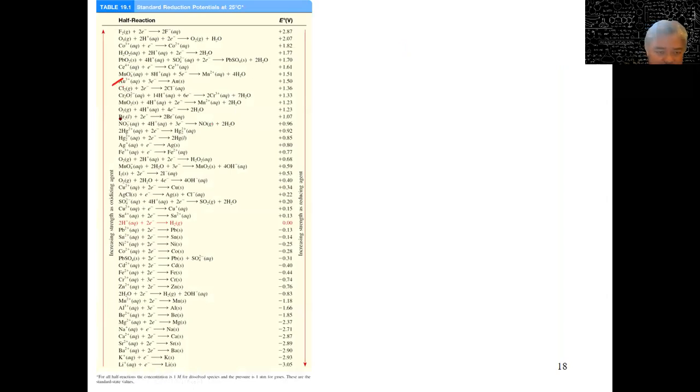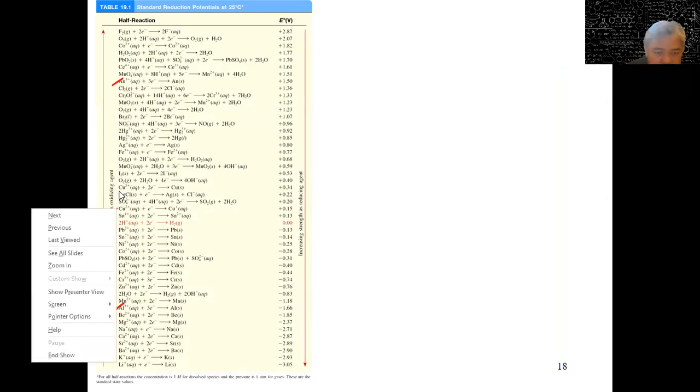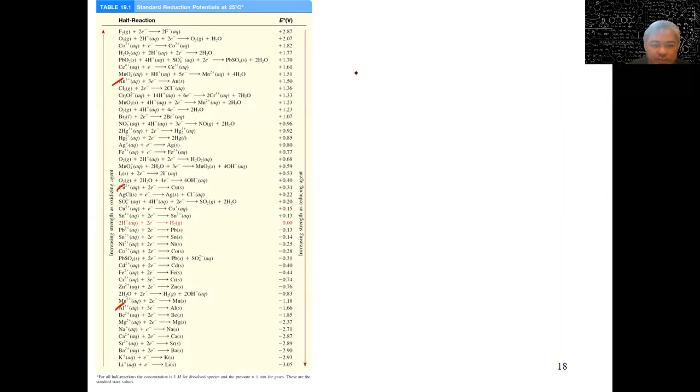Aluminum, gold, and copper. No, not that copper. This one. So you have 1.50, 0.34, and negative 1.66. So ang tanong, okay, just want to look at the question again.